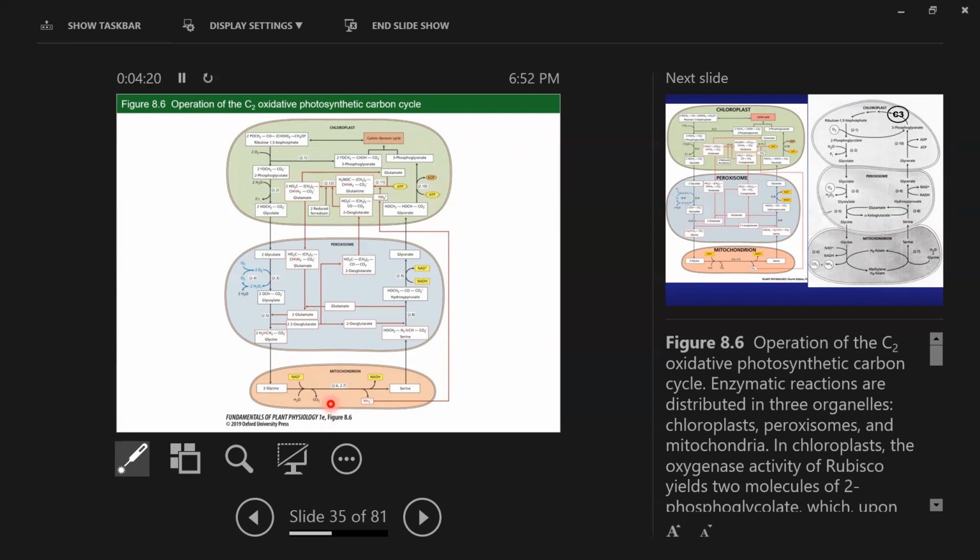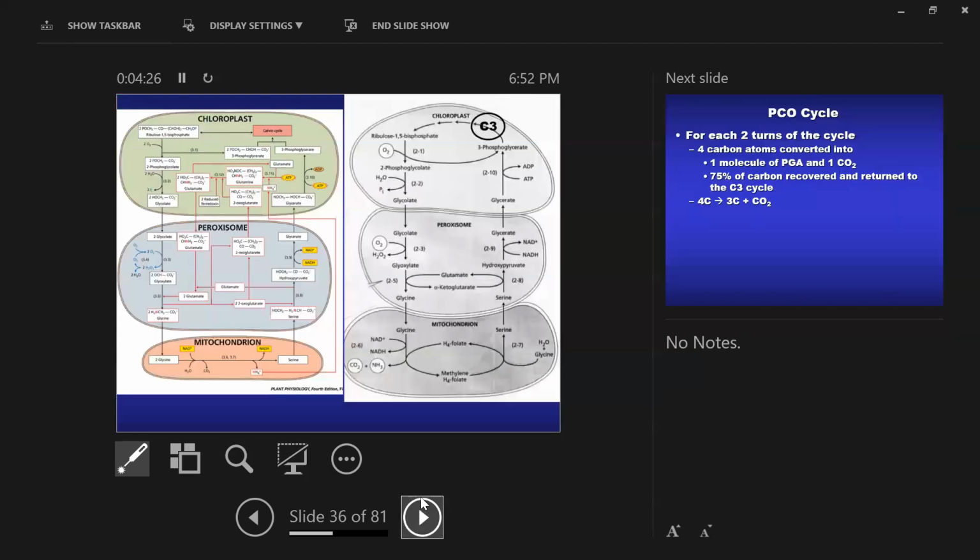On the what now? No. So like, let me show you. You see these reactions going on here in the peroxisome. Yeah, don't worry about those. Don't worry about the intermediates. You don't have to worry about NADH getting used here. ATP getting used back up here is important.